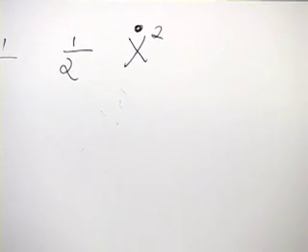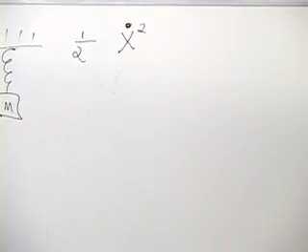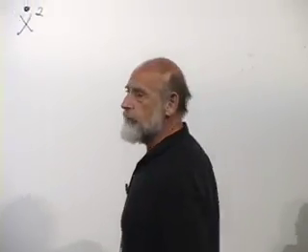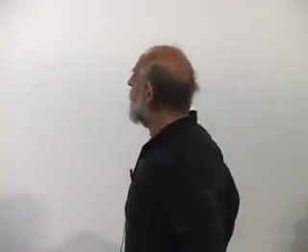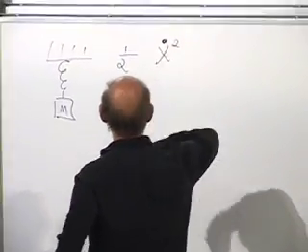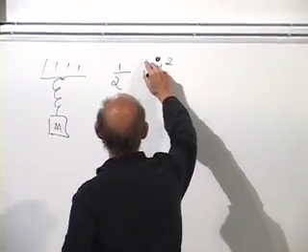The mass plays no special role. The important quantity is the spring constant. For the moment, shall I call the spring constant 1? No, let's not. I'm going to call the spring constant omega squared.